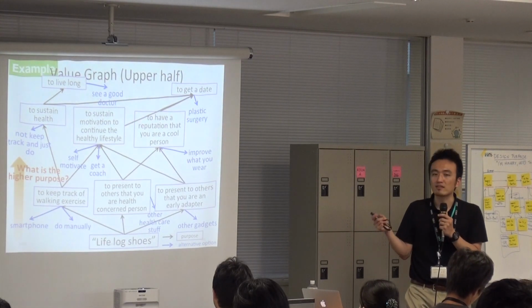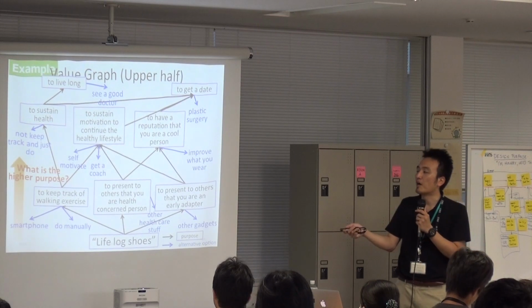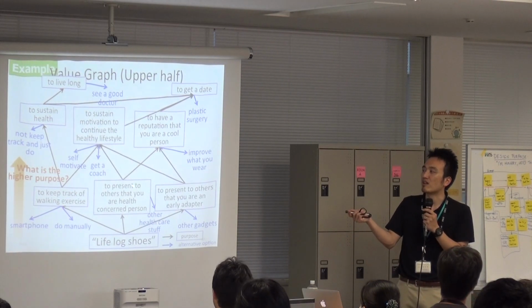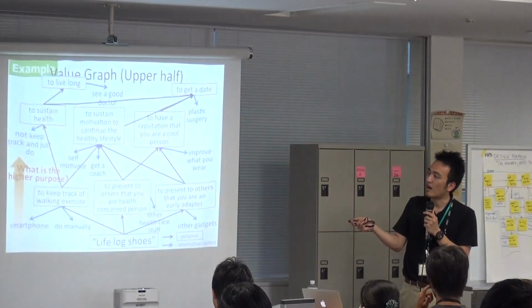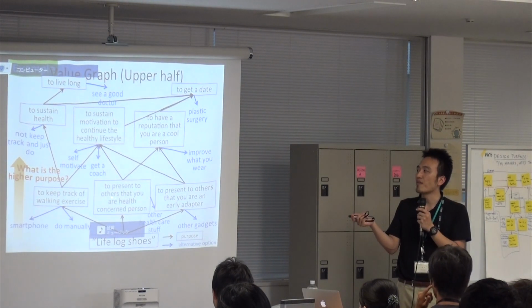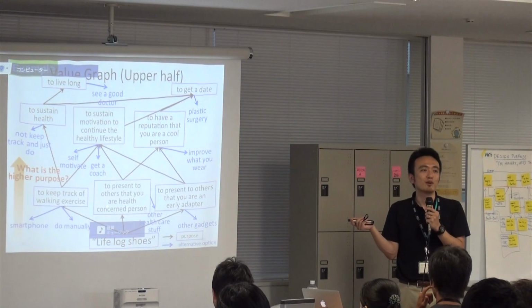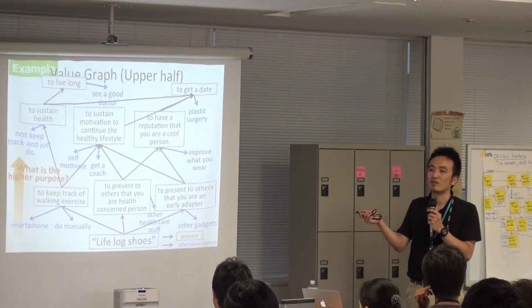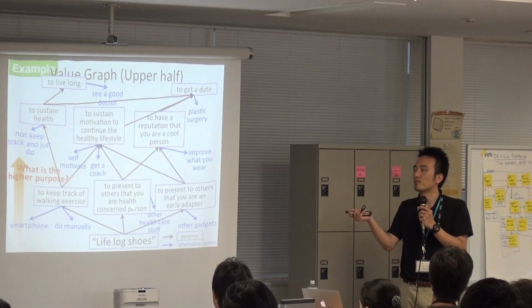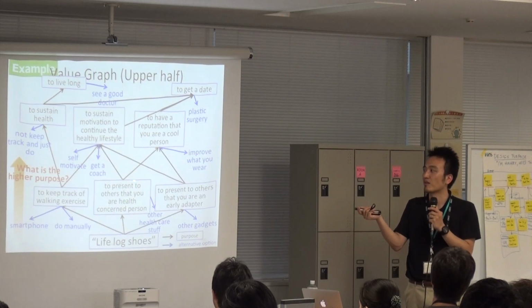And life log shoe has not only just one purpose, but here's the second purpose I identify. To present to others that you are a health-concerned person. This is almost like the Red Bull discussion that we had earlier the first day. Just to show people that you're health conscious.